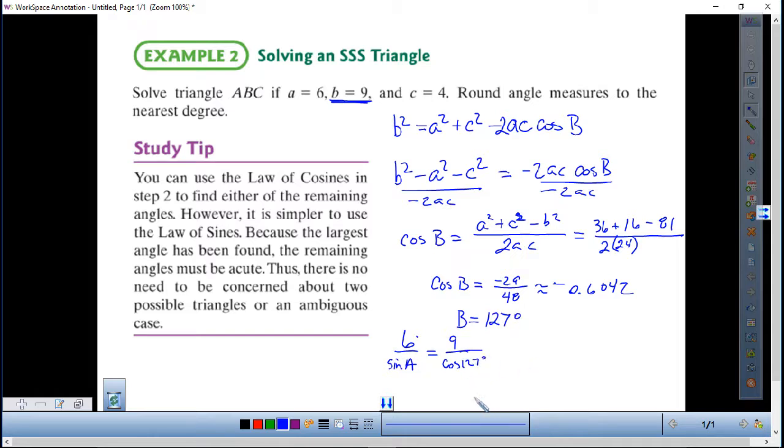Do our cross multiplication, and let's find sine A. When we do our cross multiplication, we're going to end up with 6 times the sine of 127 divided by 9.